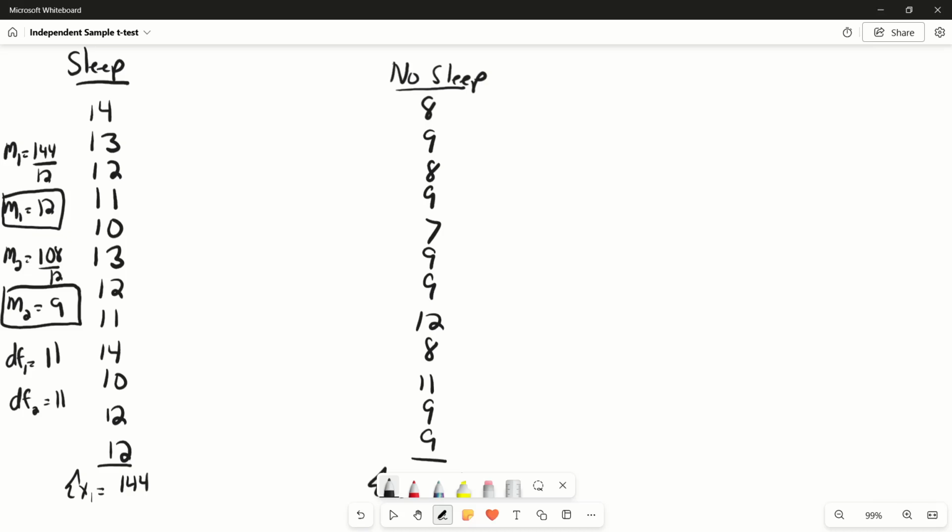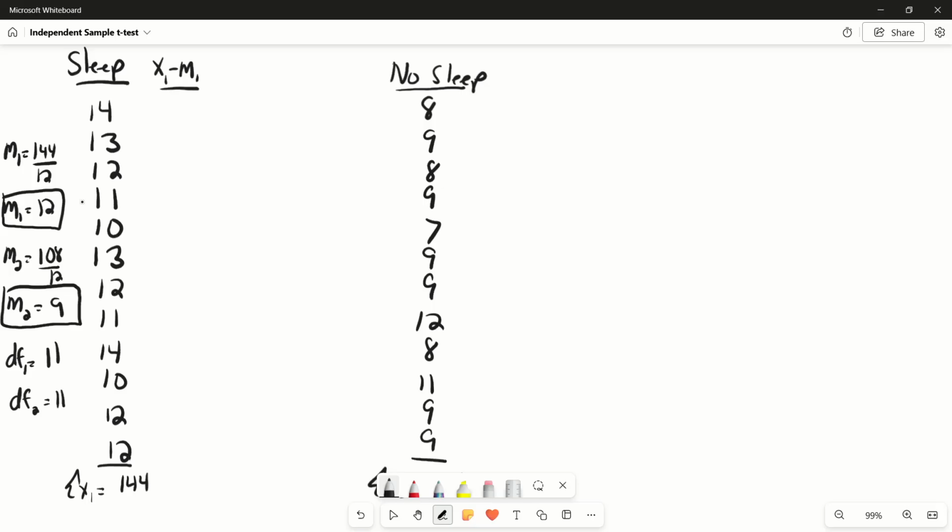Okay, now the variance. Since these are whole numbers, these are integers, I'm going to do the deviation squared method again. Because when I have integers, the deviation squared method is just easier. If you have decimals, then you're going to want to do the x squared method. So let's do deviation scores first.